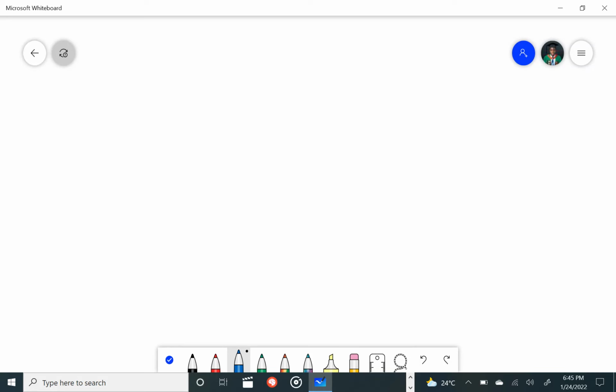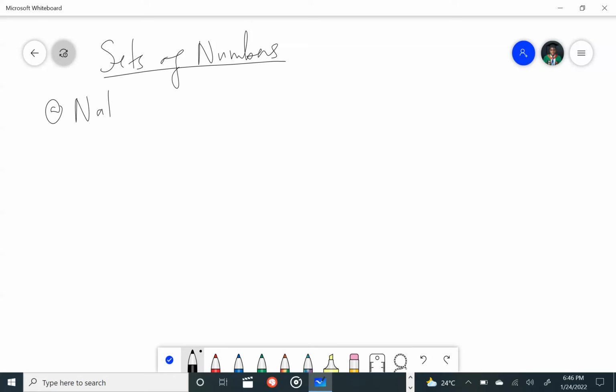Okay, so natural numbers. What are natural numbers? These are numbers that we use for counting.